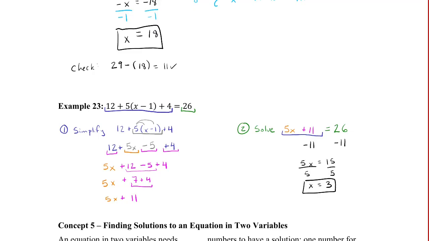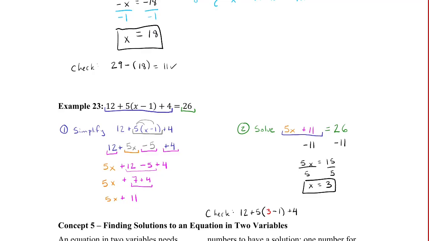And as always, if I've solved a kind of complicated equation, I want to check. I'm going to plug in x equals 3 on the left. So I'll have 12 plus 5 times 3 minus 1 plus 4.